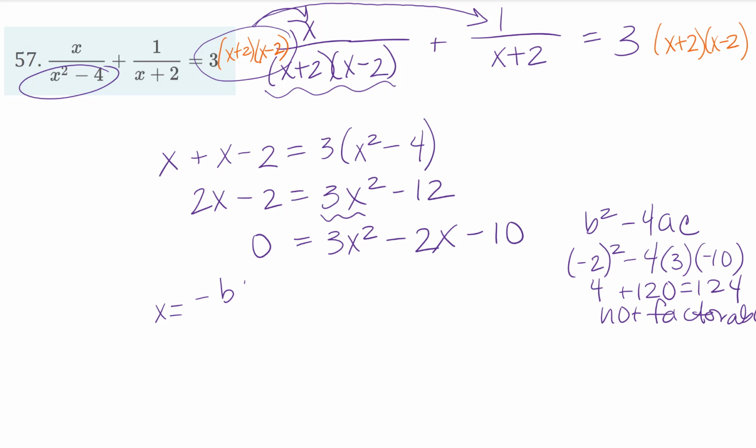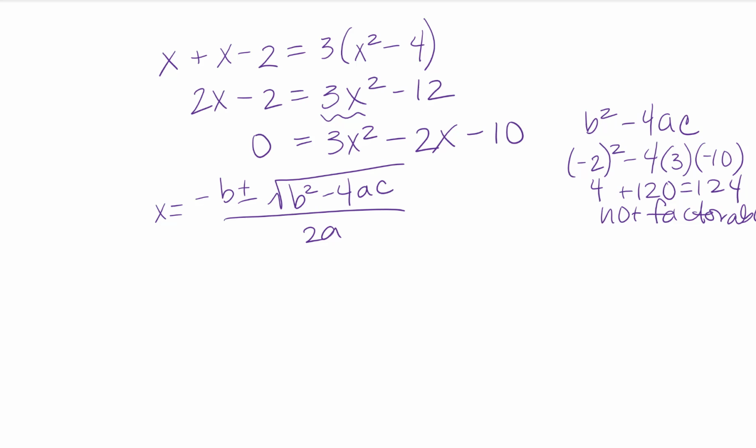So x equals negative b plus or minus square root b squared minus 4ac all over 2a. So if you plug in, we already solved for our b squared minus 4ac, so I'm going to place that underneath the radical. But the b is equal to a negative 2.